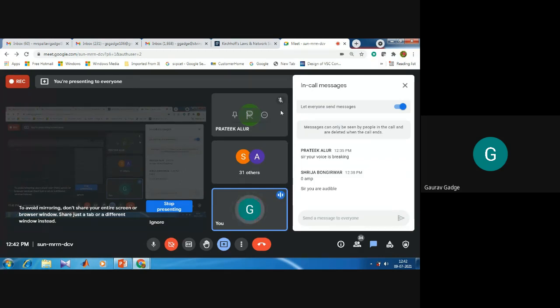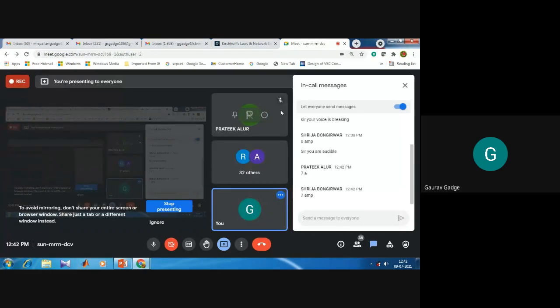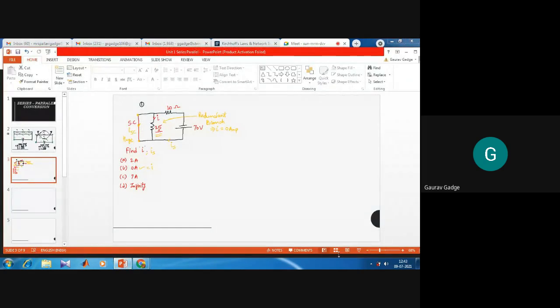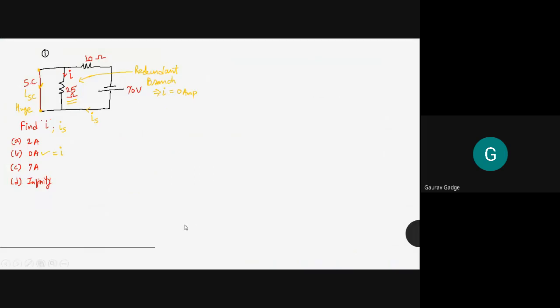Now if that 25 ohms branch is a redundant branch, it means there is no need to consider that branch, that is the resistance, in the circuit. Yes, Pratik and Shrija have written correctly. It is 7 ampere. Okay, now I will give you the solution to that numerical. See, everyone has to participate so that you can clear your logic.